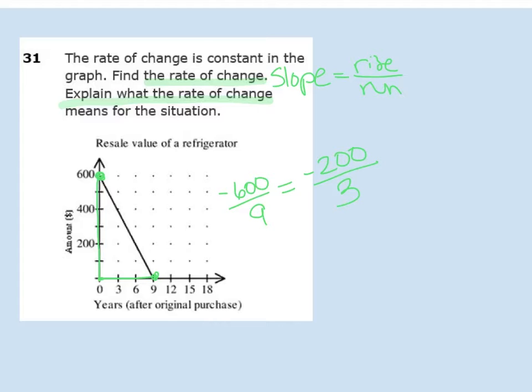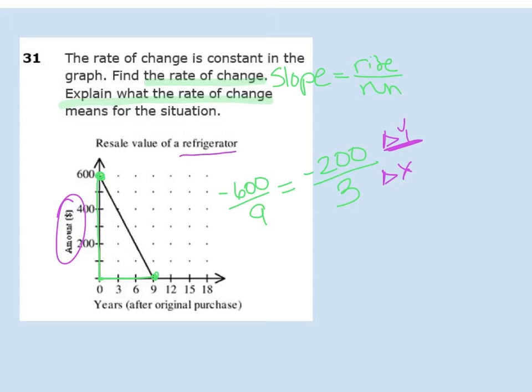So what this means, remember, the numerator is the change in the y values and the denominator is the change in the x. When we take a look at the graph, the y value is represented by the amount of money.